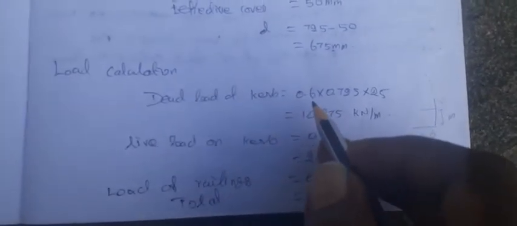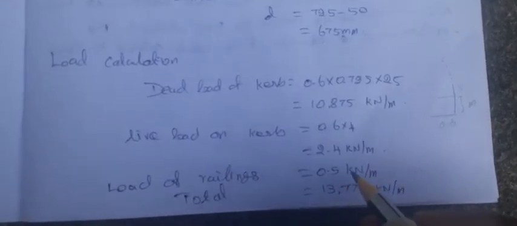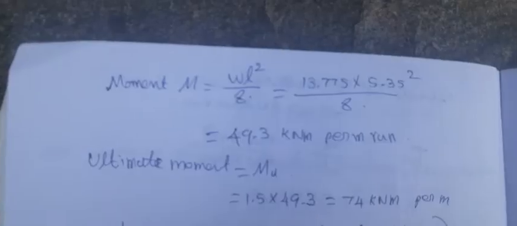At the same time, for the dead load on the curb I am also putting 0.6. Besides these two, the load on the railing is 0.5 kilonewton per meter. We have added this also. So the total load is the sum of these three, which comes to 13.775 kilonewton per meter.